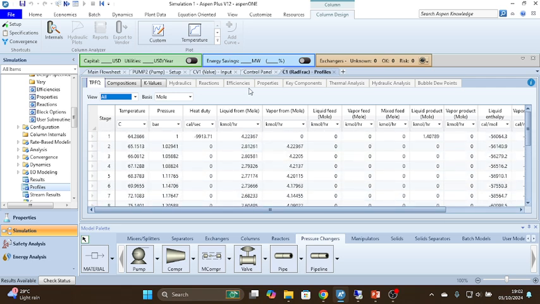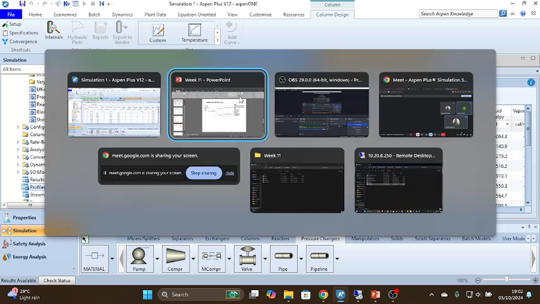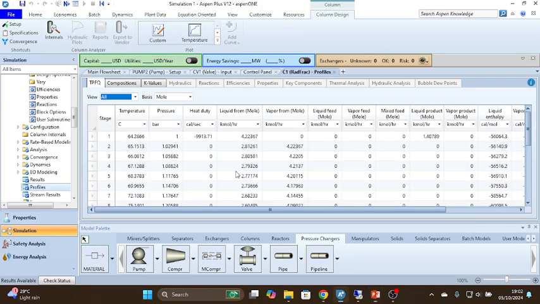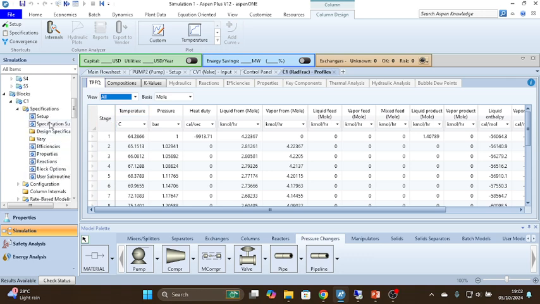Okay, now over here we have to do the dynamics. For dynamics, the first thing that we need is a few dimensions of the column. So how are we going to do that? For that we need the hydraulics or the flow rate at which all of these components are getting out, or the tray hydraulics of the entire RadFrac column.